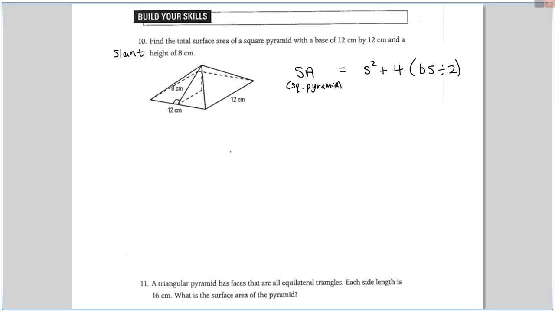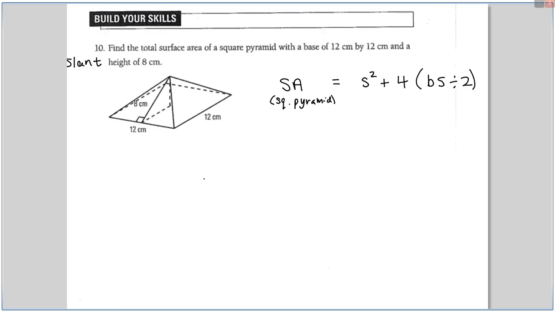So what does the B stand for and what does the S stand for? Base and slant. Good. Not the other one. SB? Because we always say base times height divided by 2. That's what we always say.